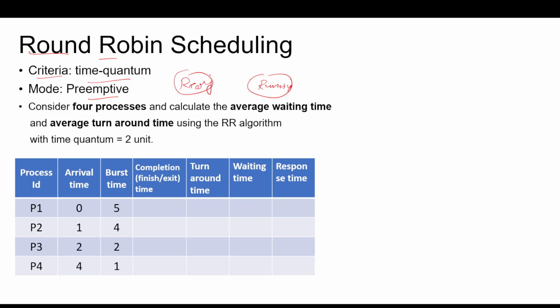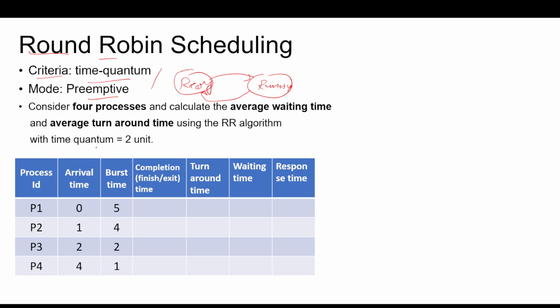It could be 1 unit, 2 units, 3 units, or whatever time is given. According to that, the process runs in the running state, and after that time completion, the same process will be preempted back into the ready queue. So that is the preemption, time quantum criteria and mode for the round robin scheduling algorithm.